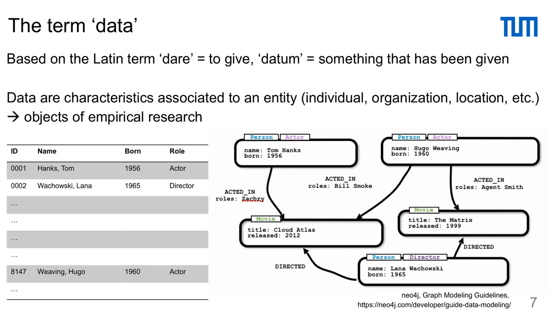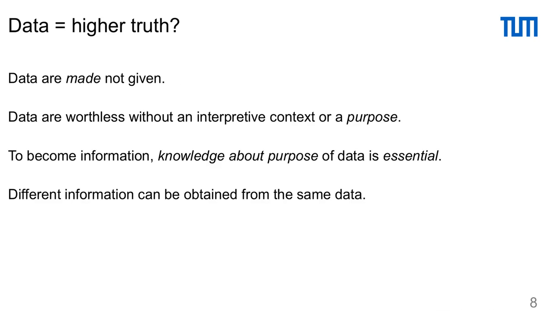And now, what is really fundamental and what is really crucial to understand? This process of selecting characteristics and associating them to an entity, this process involves human decision.